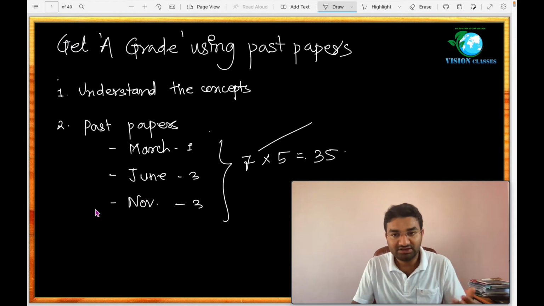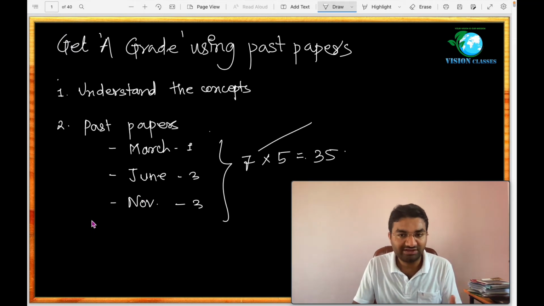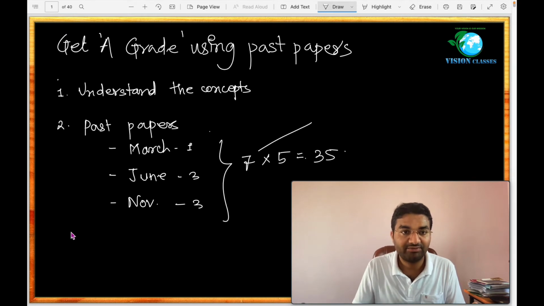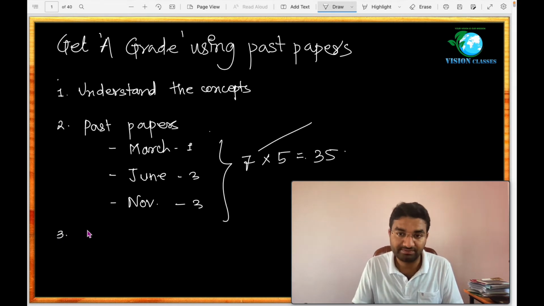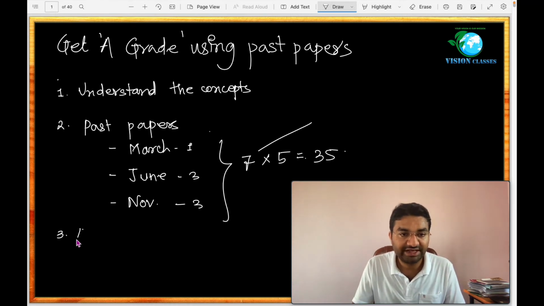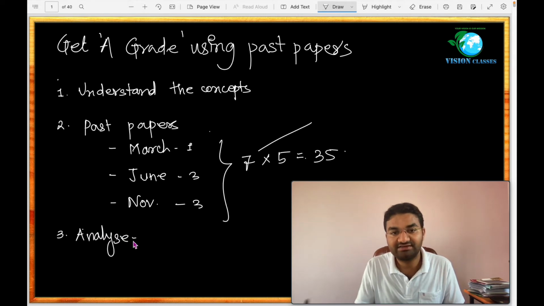Now, once you have gone through, let's say, the 2022 paper, you will get an understanding of what to do and what not to do. Then comes the analysis of the paper.